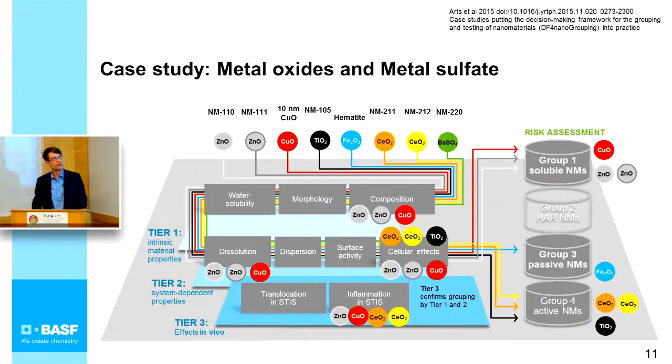Finally, barium sulfate. Barium is on our list that is above the trigger for the composition, but then it turns out nothing else happens, no reactivity, no cytotoxic effects, so it still ends up in the group of passive materials. This is how we would do it in our tier 2 assessment, and of course, one would still have to look in detail how to compare between these active materials.